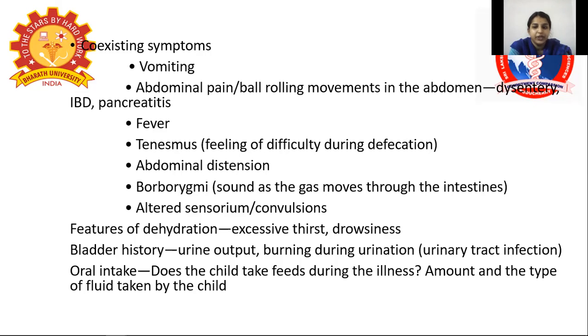Also ask about burning during urination, UTI. In younger children, UTI can present as vomiting associated with or without stools. Oral intake: does the child take feeds during the illness, or is the child not able to take feeds because of severe dehydration. The amount and the type of fluid taken by the child also need to be noted.